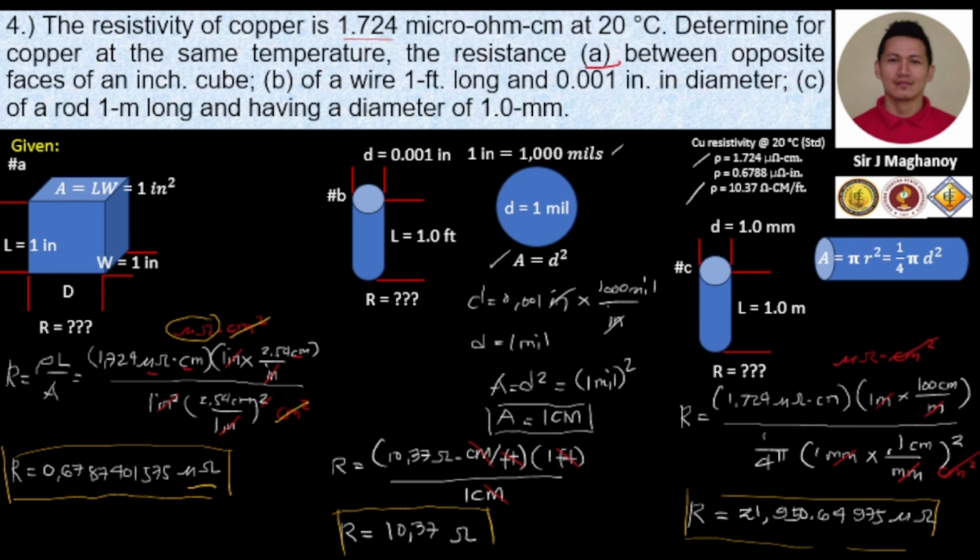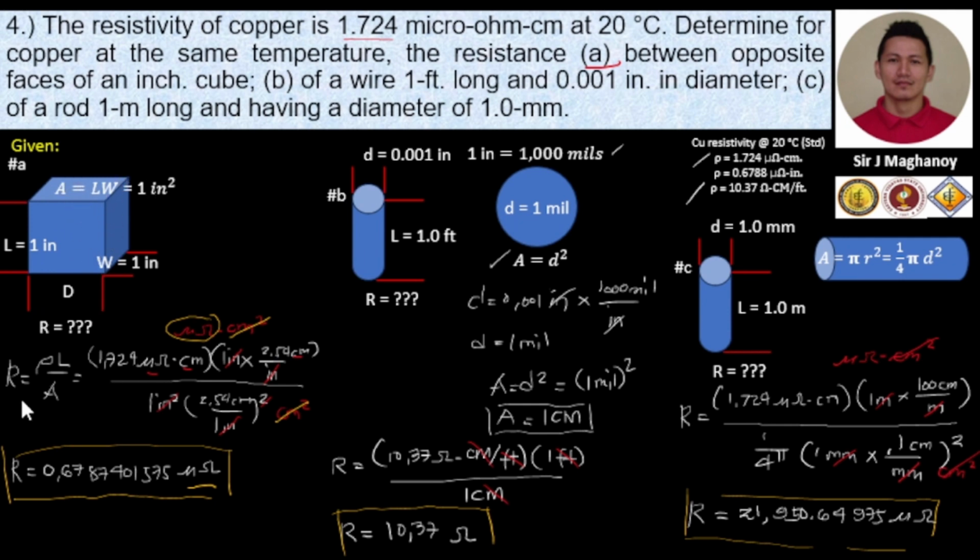Okay, let's take a review. So the problem in letter A, resistance between opposite faces of a cube. We determine it by using the length and the width to determine the cross-sectional area of our cube. So we have a 1-inch cube.